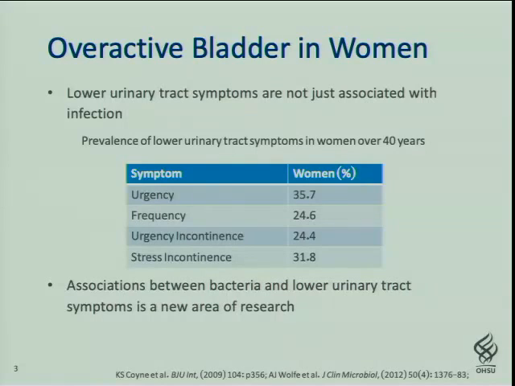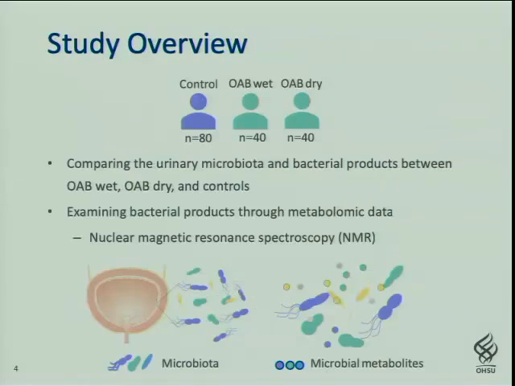While these symptoms are highly prevalent, they are not well managed, and there is an interest in figuring out what the underlying cause is. One of the areas of research currently being investigated is bacteria in the bladder and how that might relate to these symptoms. This study compares the urinary microbiota and bacterial products between 3 groups: OAB wet, OAB dry, and controls.